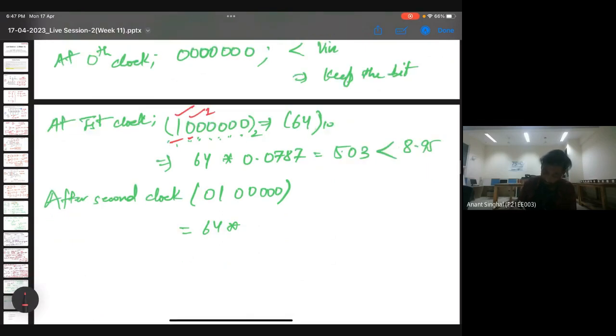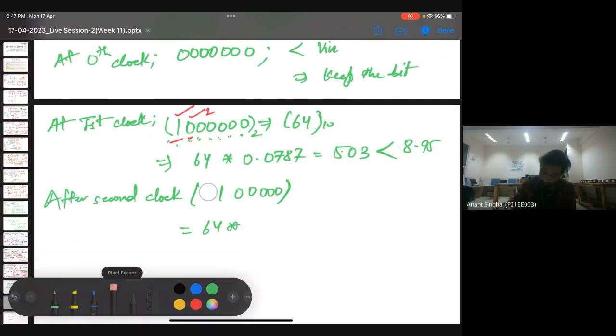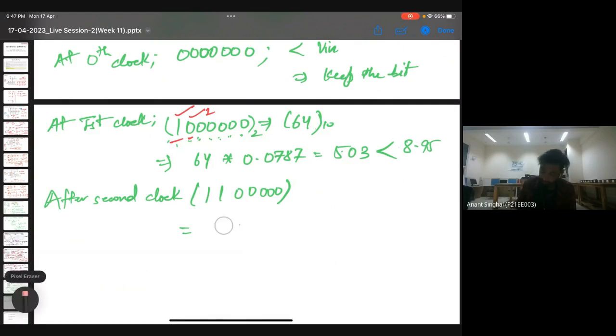So for the second clock, we have 1, 1, and then this will be 128 plus 64 plus 32, which is 96, and then the resolution. So let me calculate it. It is 7.559, which is less than 8.95. So we'll also keep this bit. This will be 1, this will be 1.